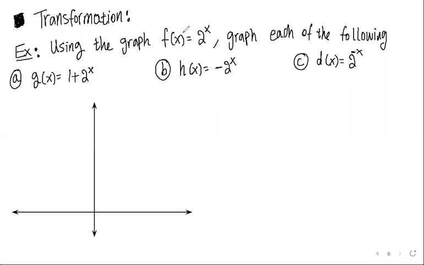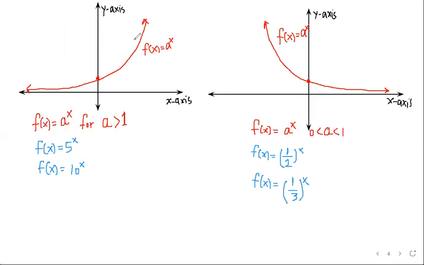Okay, let me simplify it. The function f of x equal 2 to the x has a graph like this because 2 is greater than 1. The graph looks like number 1, and not number 2. Why?